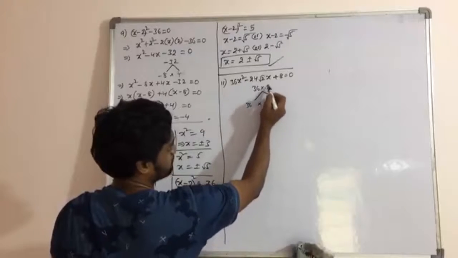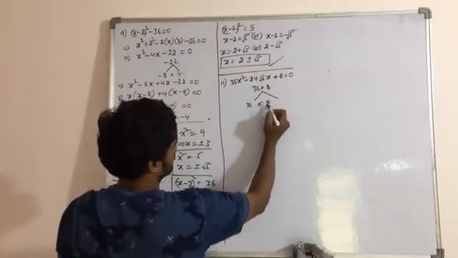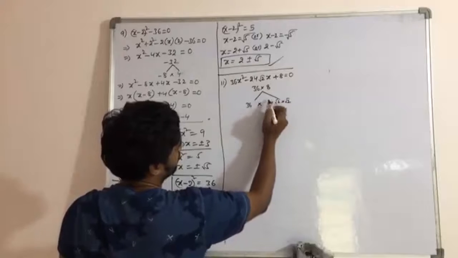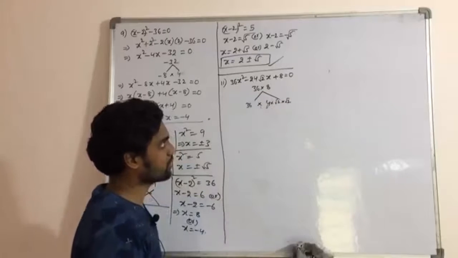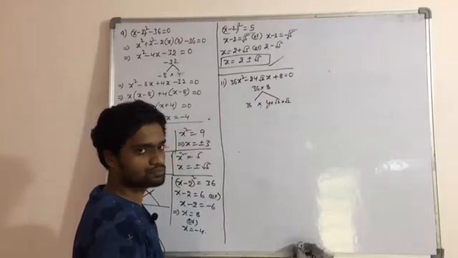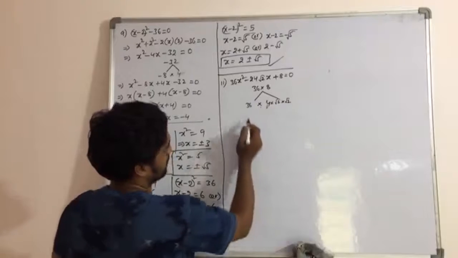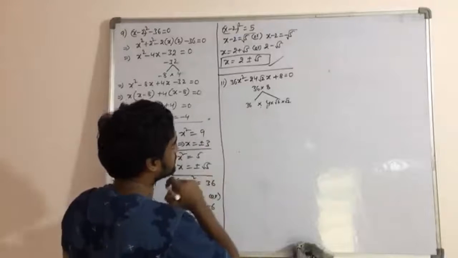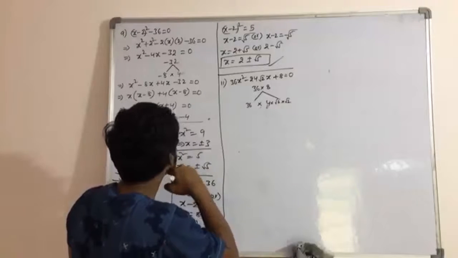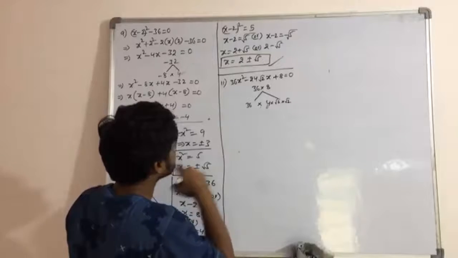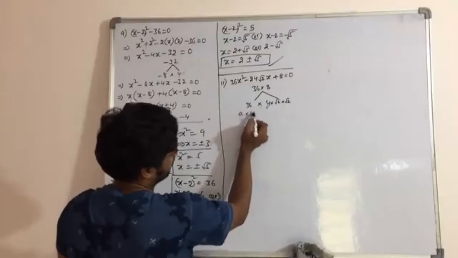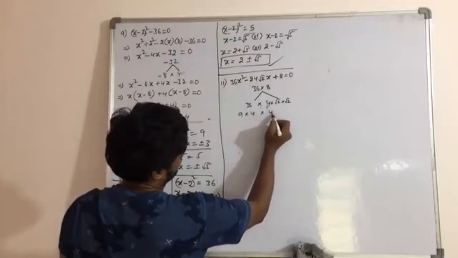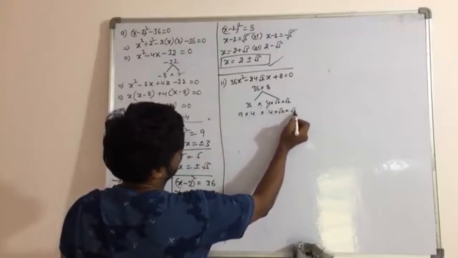I'll write 8 as 2 into root 2 into root 2, or you can say 4 into root 2 into root 2. Is that fine? Now again, see this, 36, 9 into 4 into 4 into root 2 into root 2.